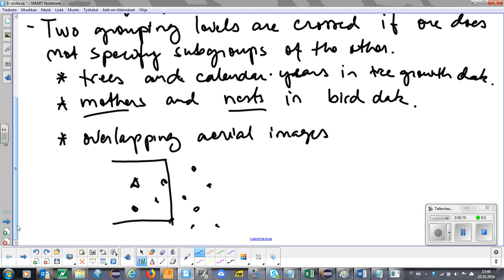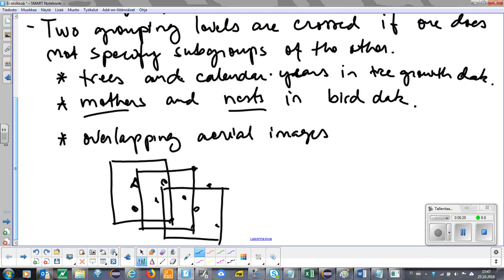Let's say that this is one aerial image, and this is another aerial image, and there could be even a third aerial image like this. And then we analyze the aerial images, and for example, this particular tree is visible both in image 1 and image 2.